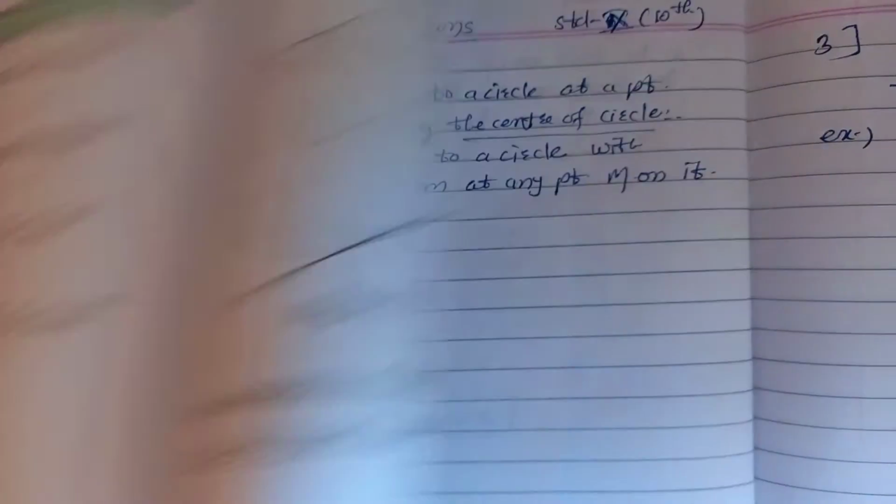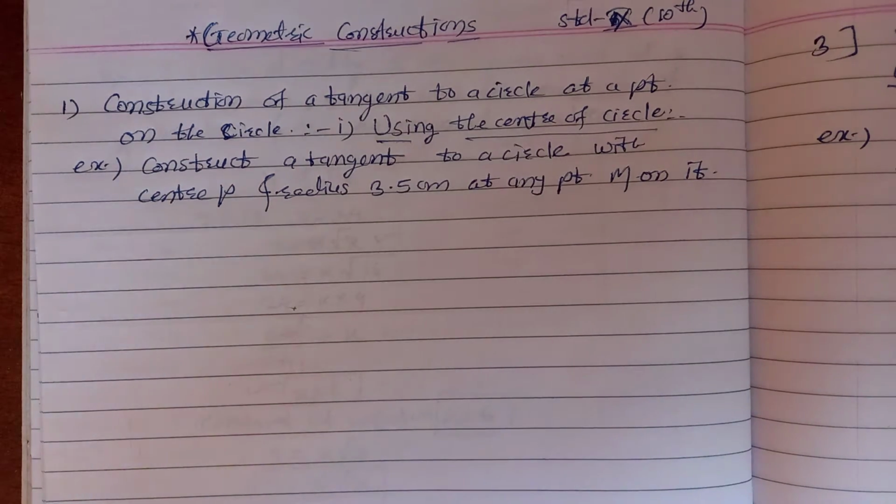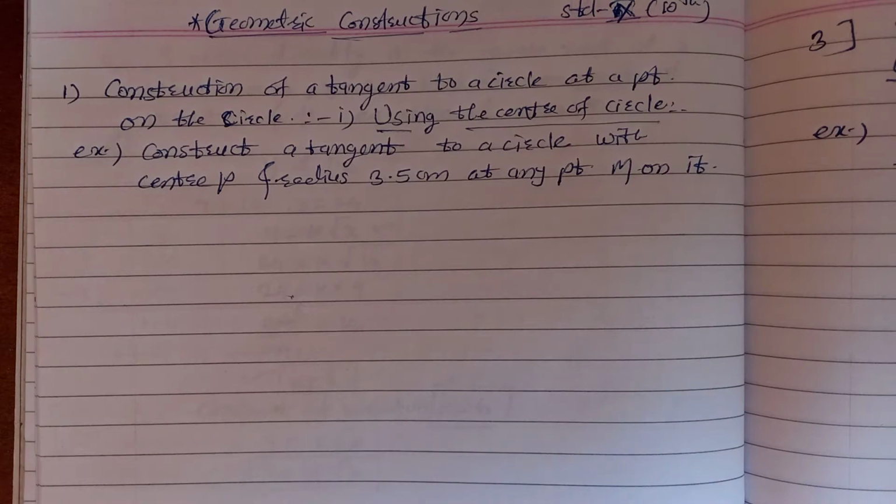So see one example we have taken. What is the example? Construct a tangent to a circle with center P and radius 3.5 centimeter. Now, how to construct this one? That is very important.